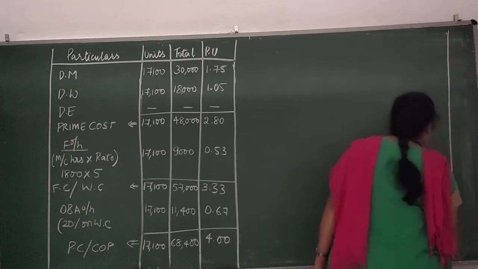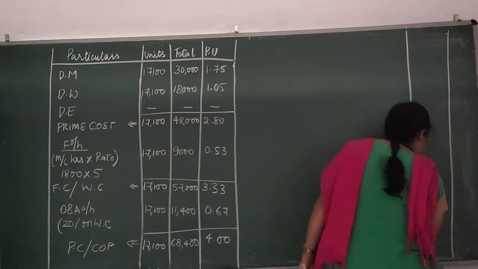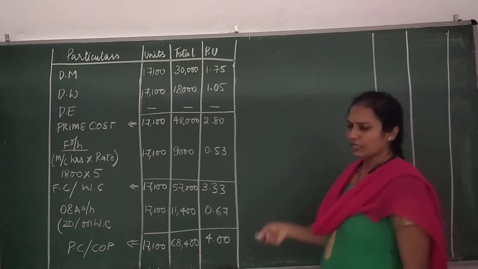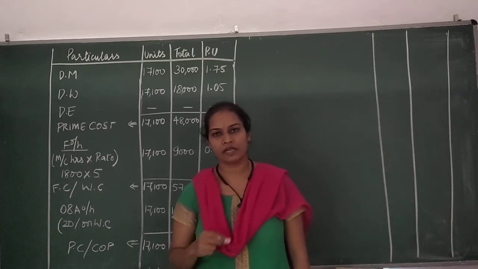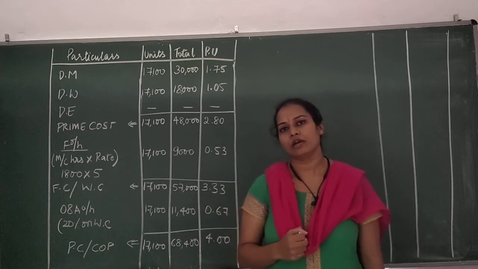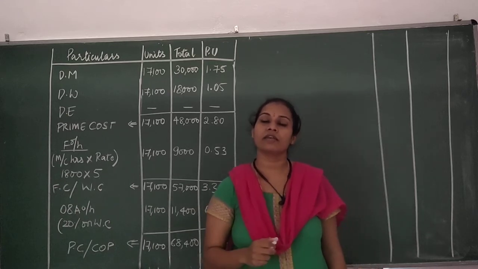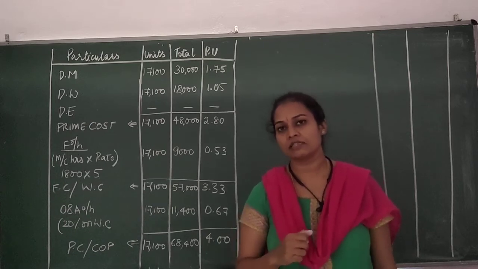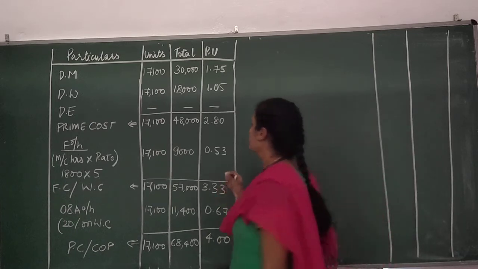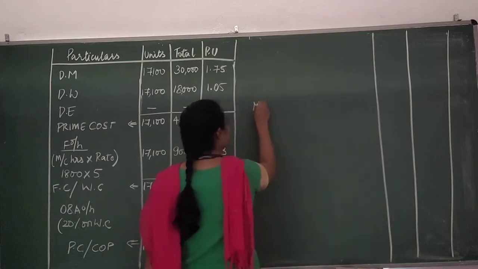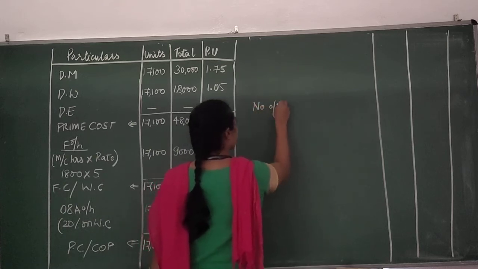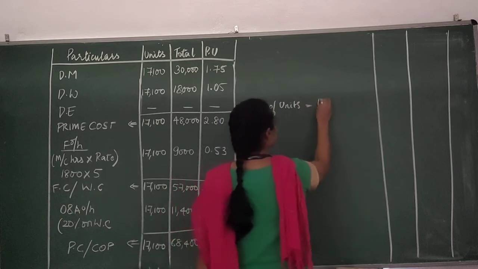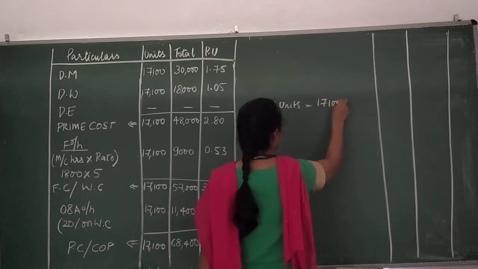Okay, so let me continue on your board. Yes. So once your production cost is done, what will you do now? You have an extra entry. Please listen carefully. What is that extra entry? In this particular problem, the number of units produced is 17,100.